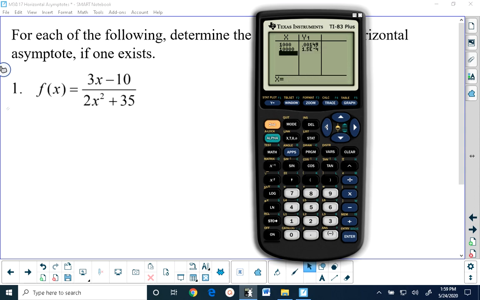As I increase this to larger and larger values of x, the y coordinate gets smaller and smaller, but it never reaches 0.